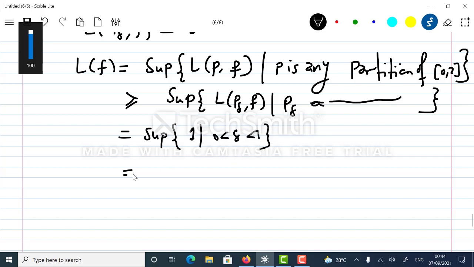So the constant supremum is 1. So you got this LF as greater than or equal to 1.